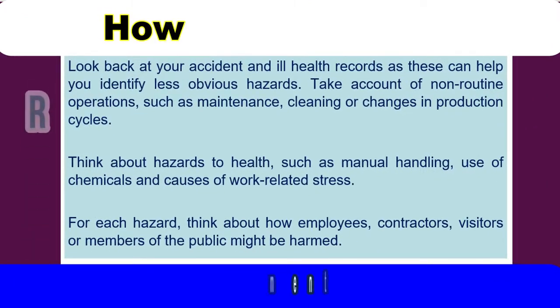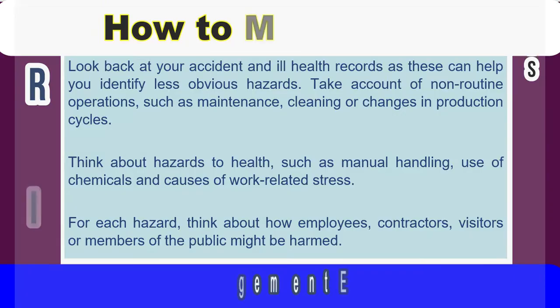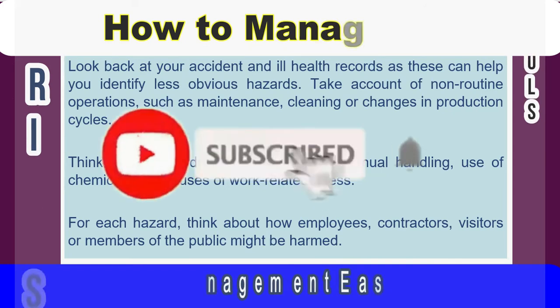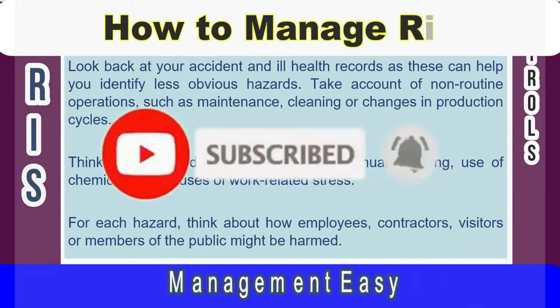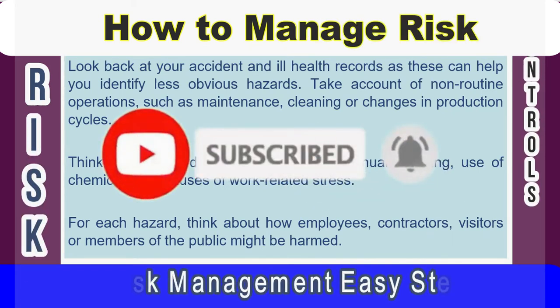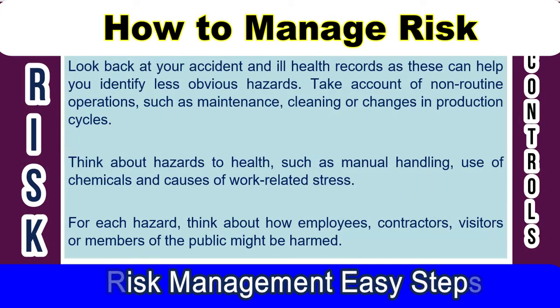So these are the different ways, different scenarios, and different domains with the help of which you can easily identify what are the dangerous or hazardous activities, elements, substances, plants, or people on your site.